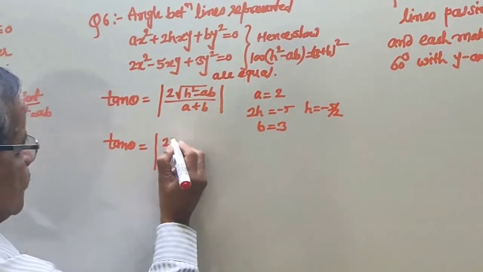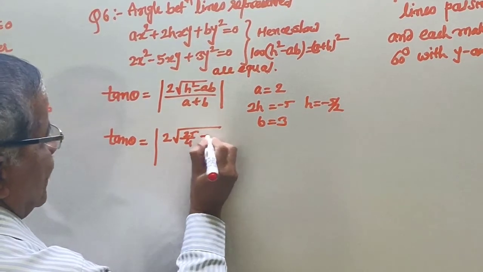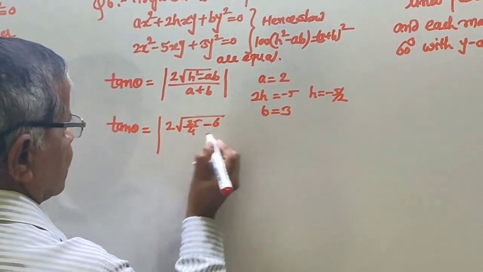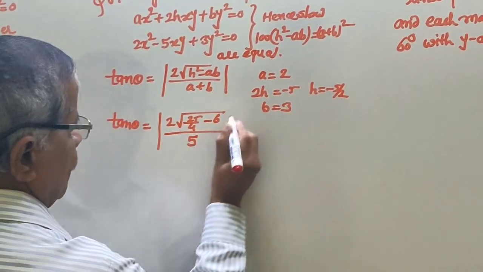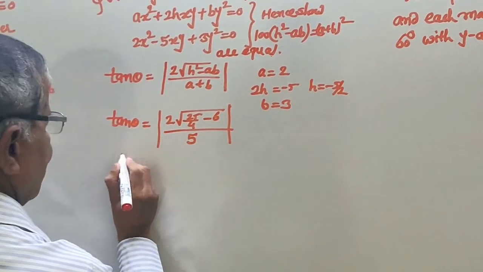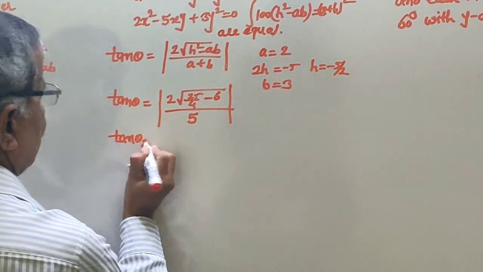Now I will substitute the values here. h square is 25 upon 4 minus a into b is 6. Now a plus b, 2 plus 3 is 5. Now what will come here? Tan theta 2, you can substitute.